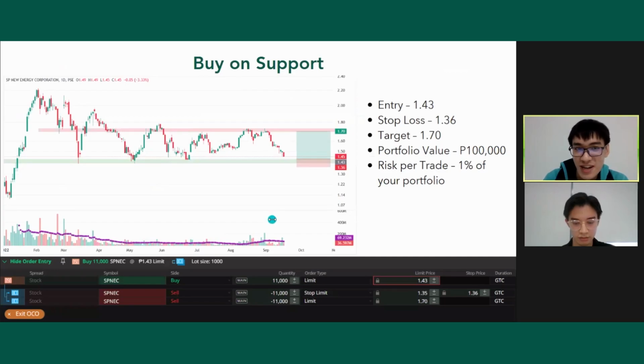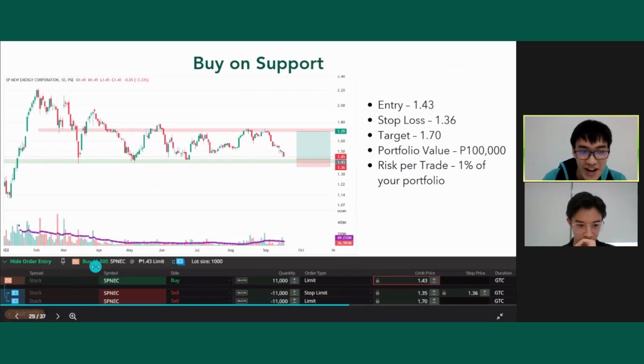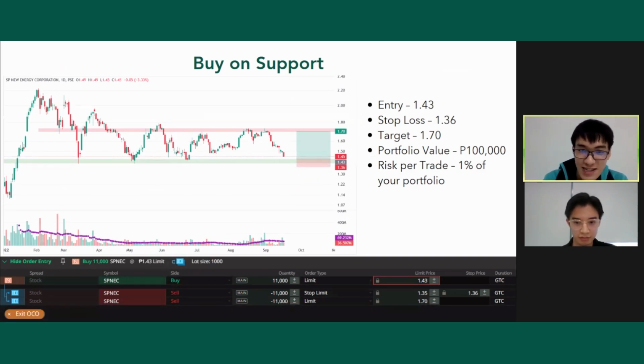All those three orders, you can input all in a single order na lang using the exit OCO order, right? So basically, if this order executes, kung na-buy na siya, it will activate the two sell orders, diba? So you can execute all these three orders in a single order. That's how powerful Dragonfly is.